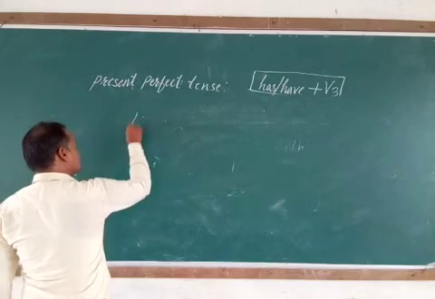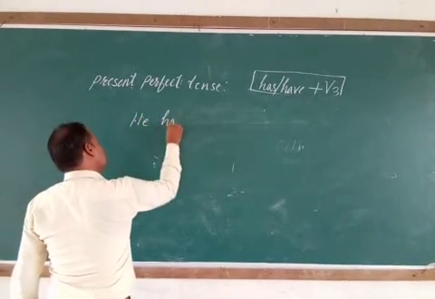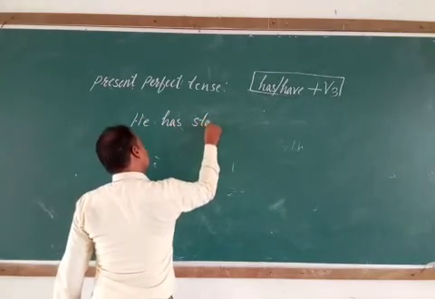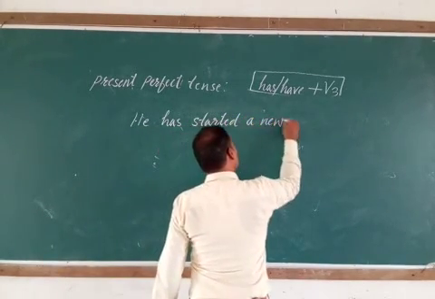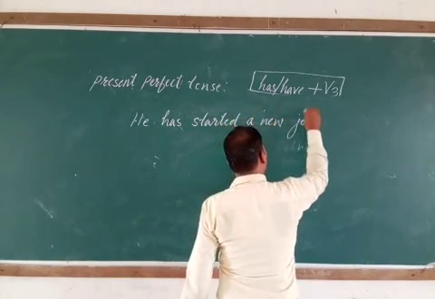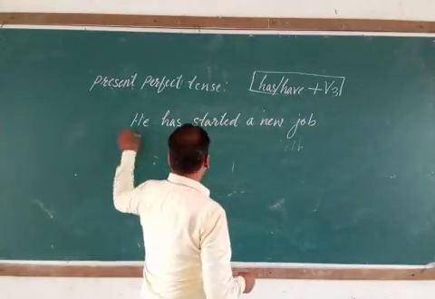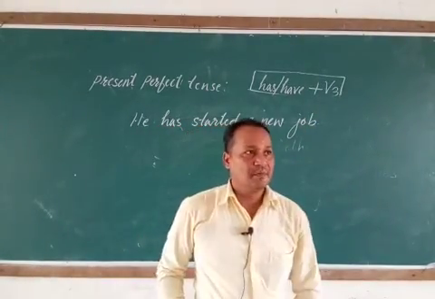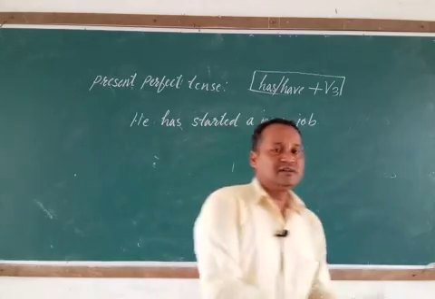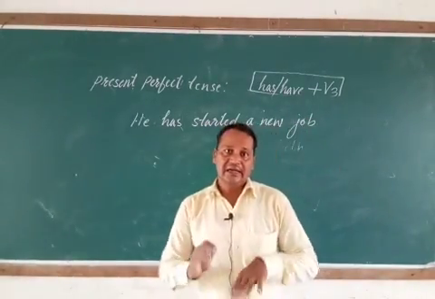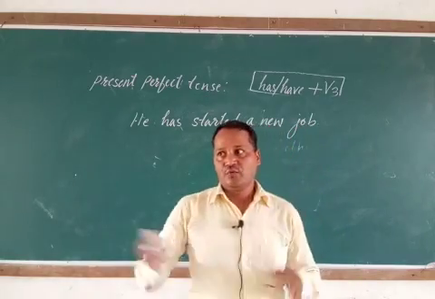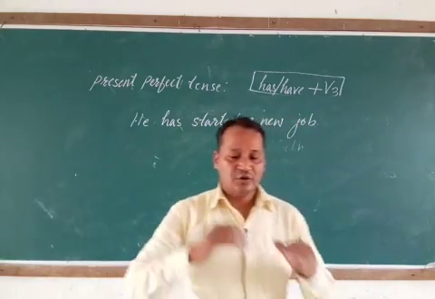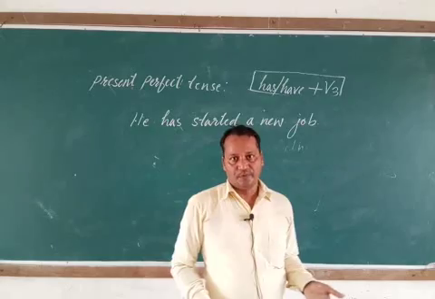He has started a new job. Suppose the person who is doing the job joined the new job a few days ago, or 1 year ago, 1 month ago. Now still he is working on that job.